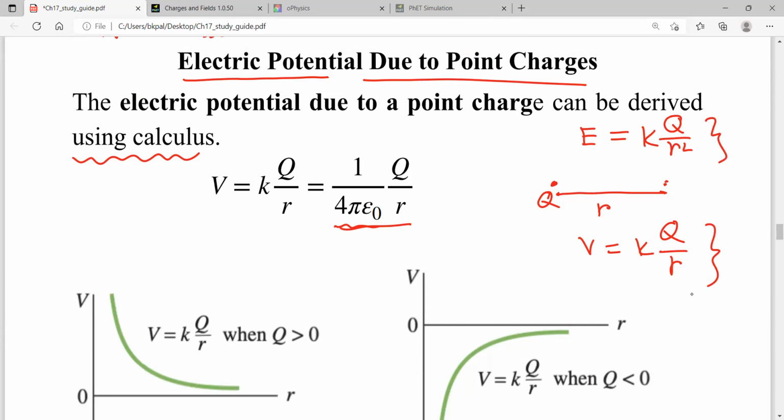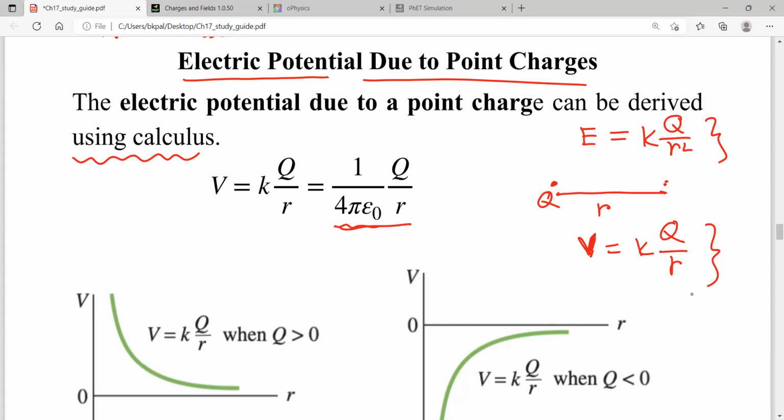Here we have only r, and because the potential is a scalar quantity, for positive charge we have to use a positive sign, and for negative charge we have to use a negative sign. When we solved numerical problems for electric field or force in the last chapter, we ignored the negative or positive sign for charges.